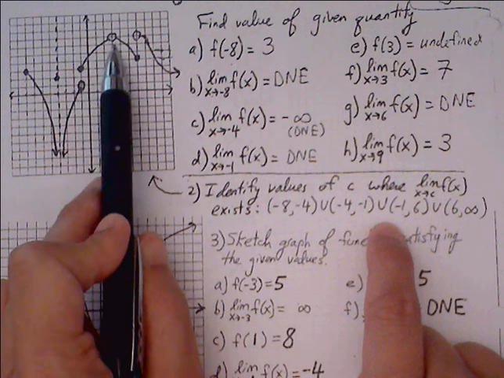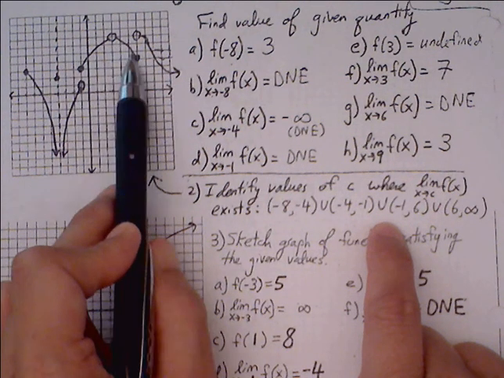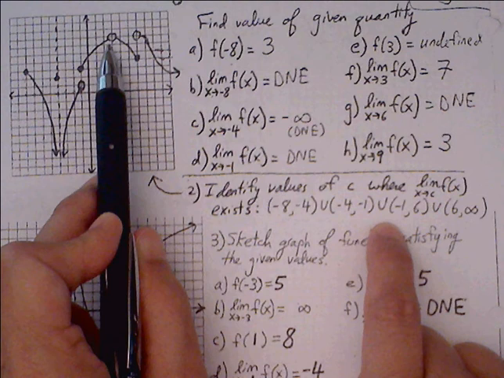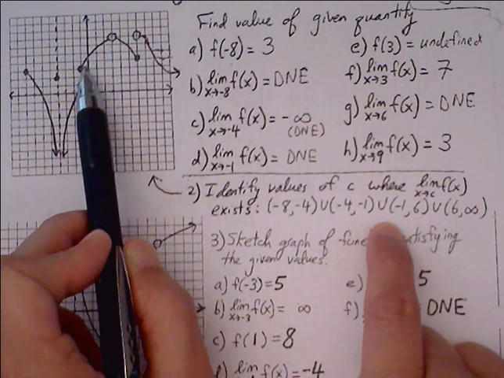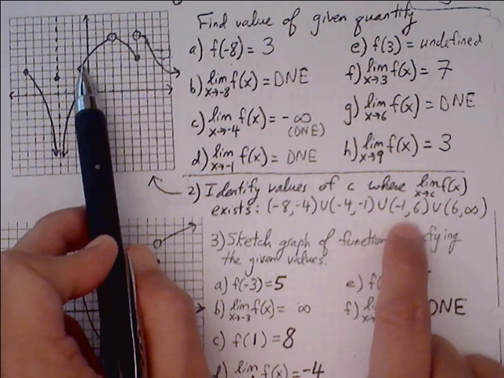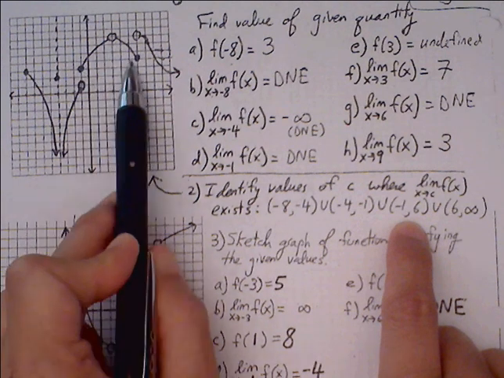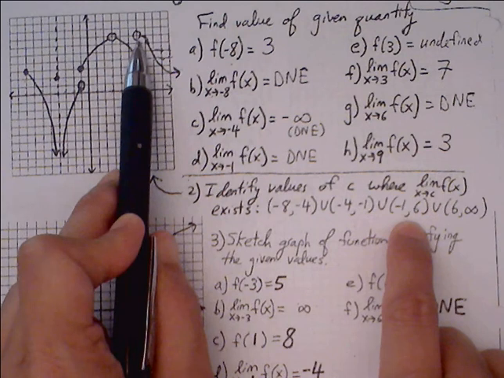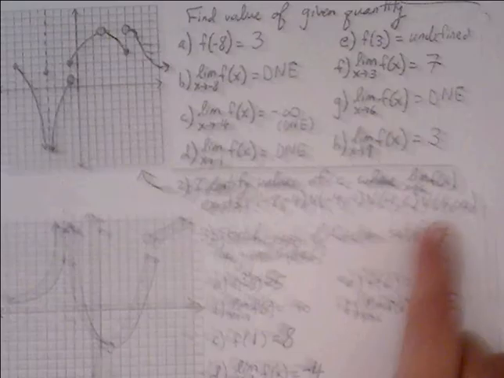So even though there's a hole in the graph, the path of the graph is approaching the same y value, so the limit does exist at that point. So we can ignore that and continue right through it. So the limit is going to exist from -1 all the way to 6, and there's a break from 6 all the way to infinity.